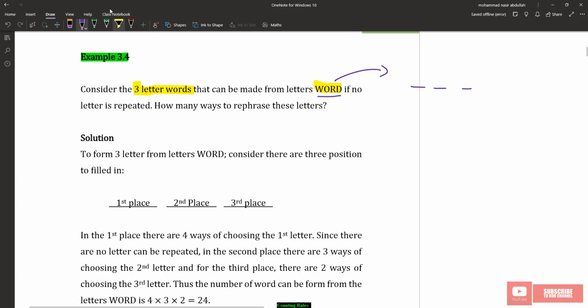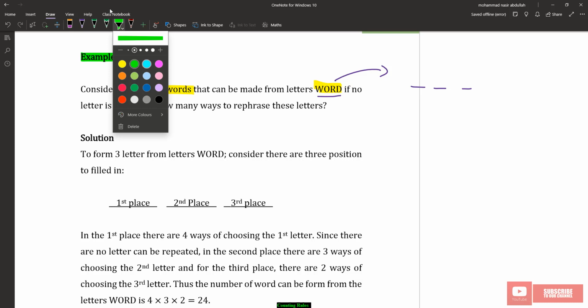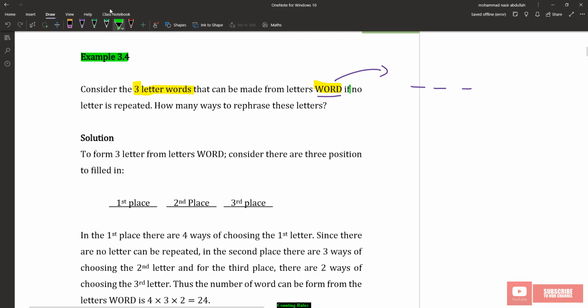Then you look at the condition here. The condition says that no letter is repeated. So how many ways to arrange these letters? Let's look at the word WORD. Here we have n equal to 4.